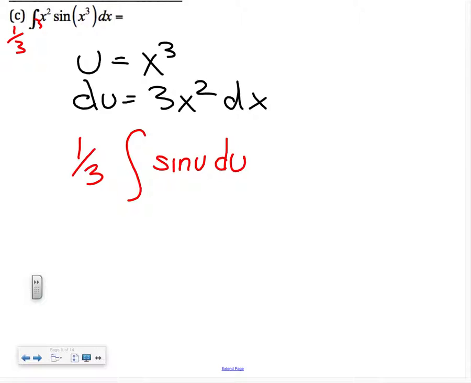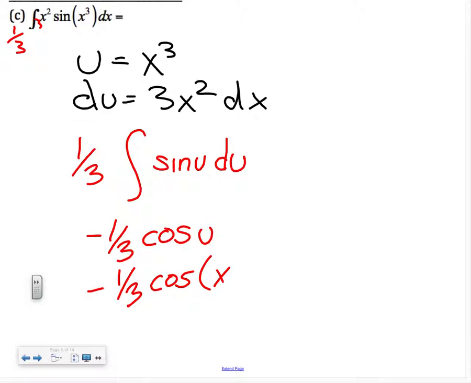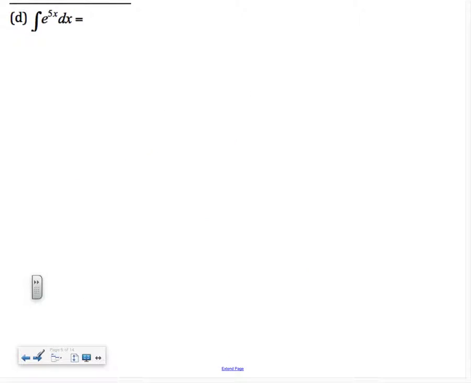And let's see, the integral of sine, the derivative of cosine is negative sine, so it's going to be negative cosine. Of course, u isn't u, u is x cubed, so it's negative 1/3 cosine of x cubed plus c. So nothing new today, just reviews of things that you already know how to do. If you need to fast forward or stop, feel free to, because you know all this stuff.